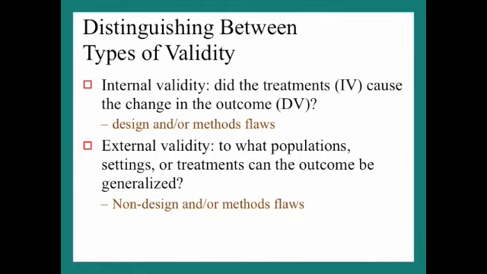Now, the other validity issue is called external validity. What external validity is: can you generalize, or can you take the final study findings and really say that the results from that study's subjects can be generalized back to the population?